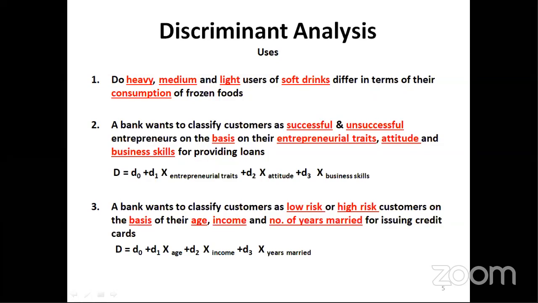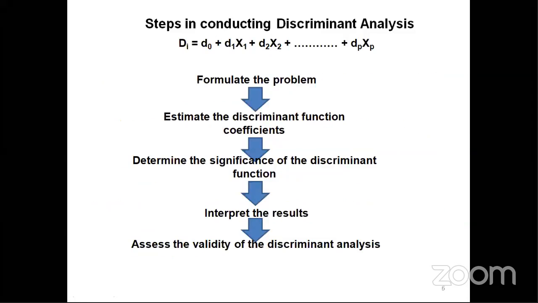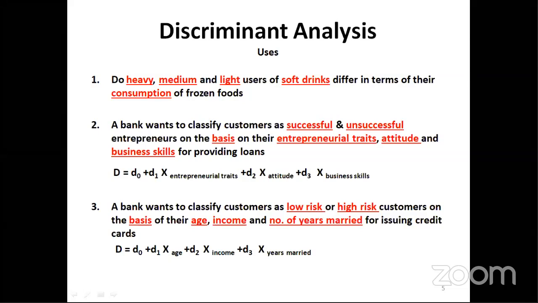If you see the third application of the discriminant analysis, a bank wants to classify customers as low risk and high risk customers. The objective of the bank is to classify their customers in two groups, low risk customer and high risk customer.